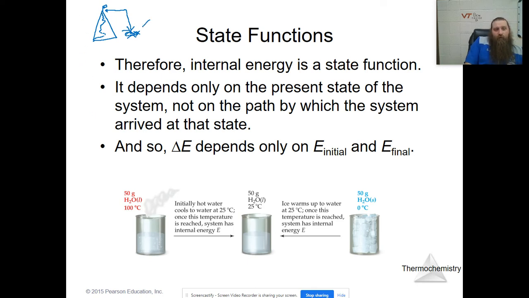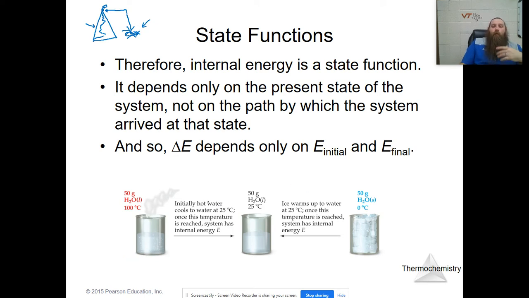Well, this distance and this distance are not the same distances, right? But the final outcome was the same. So the height, the elevation of the mountain, that's a state function. It didn't change whether I measured it when I got to the top after I walked all those switchbacks, or if I flew up there and hopped out of the helicopter. On the other hand, the distance itself is path dependent.